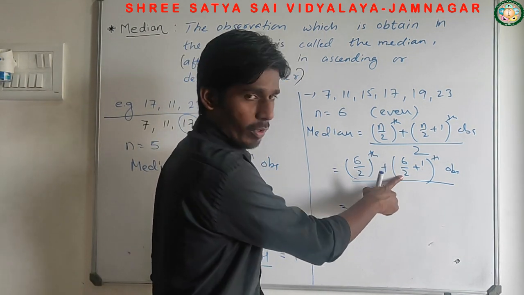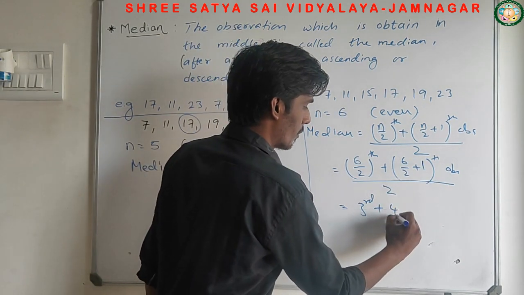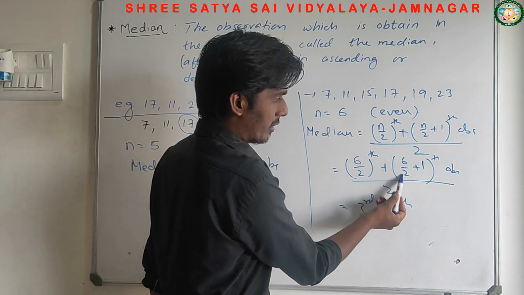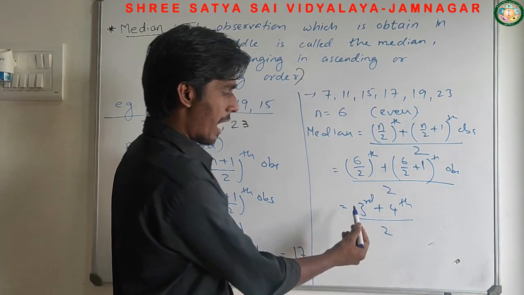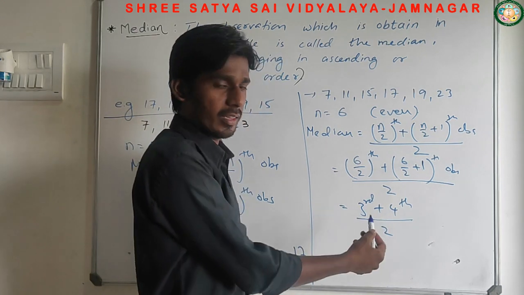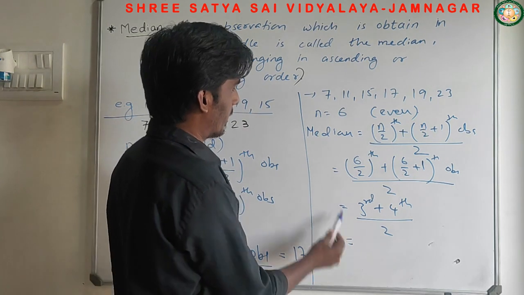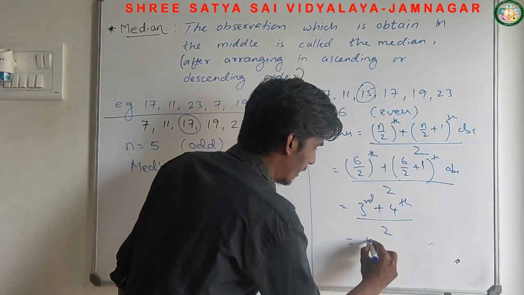6 by 2 is 3, and 3 plus 1 is the fourth observation. How did I get this fourth? 6 by 2 is 3, 3 plus 1 is 4, whole divided by 2. Now I am not supposed to add 3 plus 4 as 7, but I am going to replace these with values. What is the third observation? First, second and third: the third observation is 15.